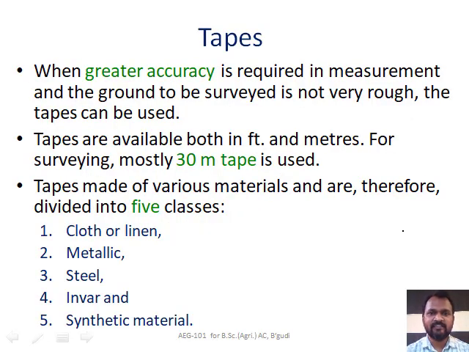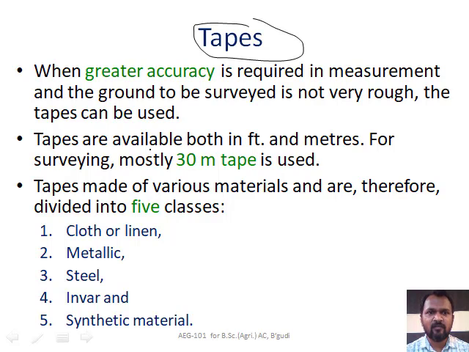Then the next measuring device, which we use as an alternative to chains when the land surface is not very rough, gives us greater accuracy. The name of that instrument is tapes.